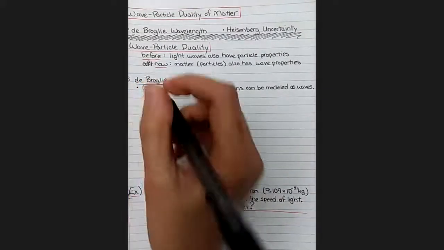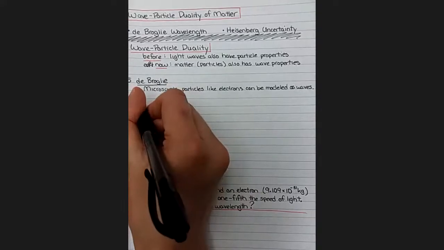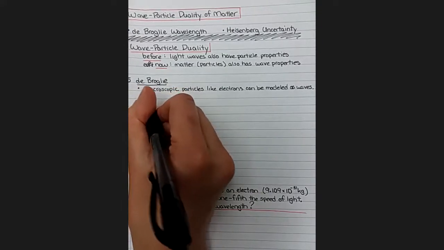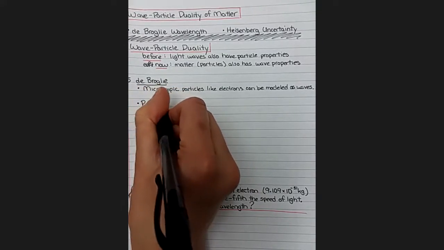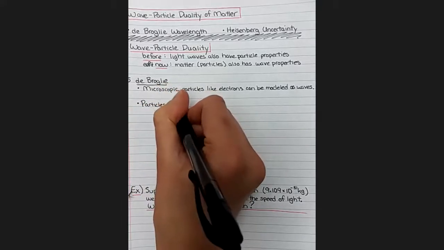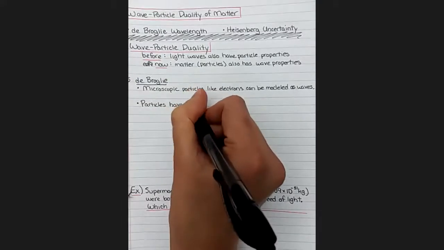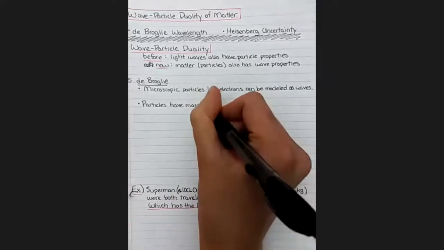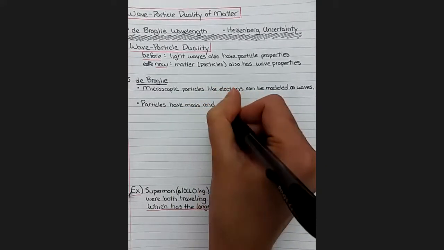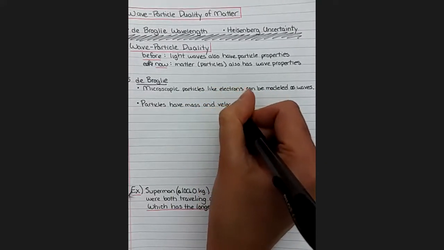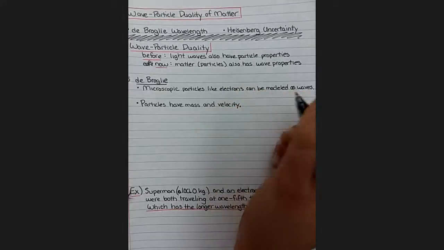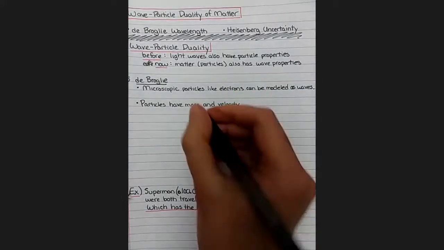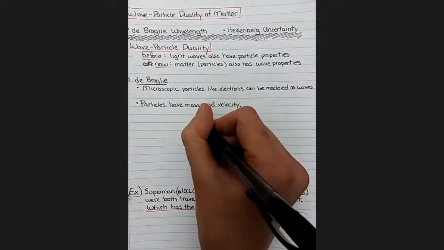And so what he said is that particles have some properties, some variables that relate to them. If we're talking about particles, we can describe their mass and their velocity. And mass and velocity are related to a wave property.